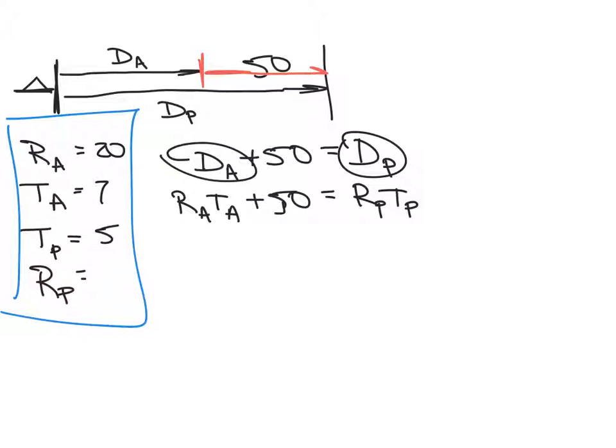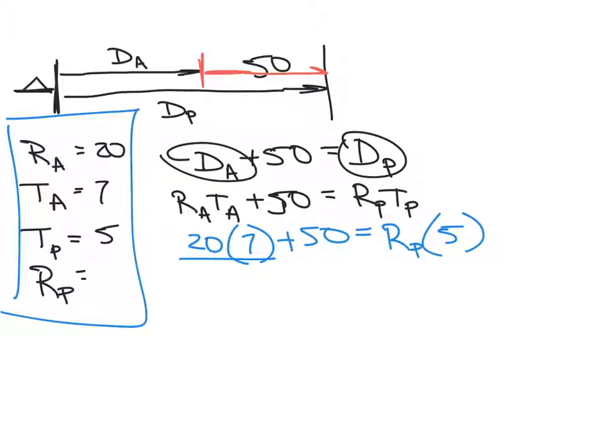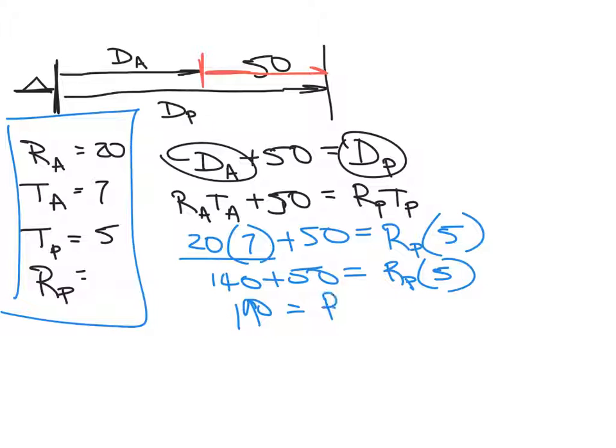Let's start filling in our letters here. RA is 20, TA is 7, RP we don't know, that's what we're looking for, and TP is 5. So we have 140 plus 50 equals RP times 5. So this is 190 equals RP times 5.